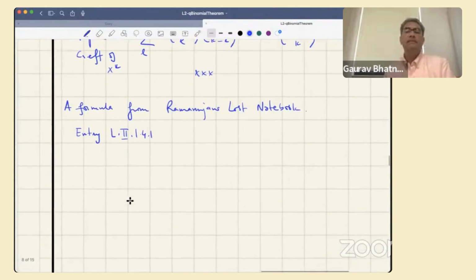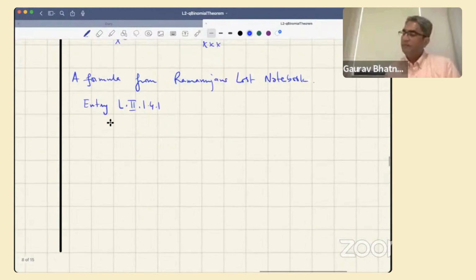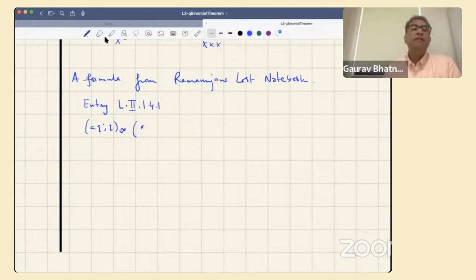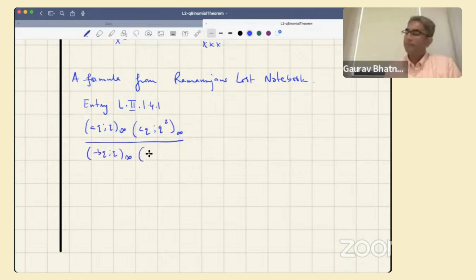And this is, let me write it down, (q;q)_infinity (cq;q^2)_infinity minus (bq;q)_infinity (dq;q^2)_infinity sum, this is as Ramanujan wrote it, j equal to 0 to infinity.